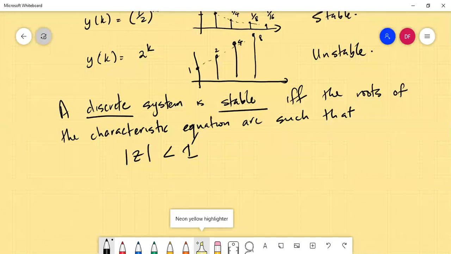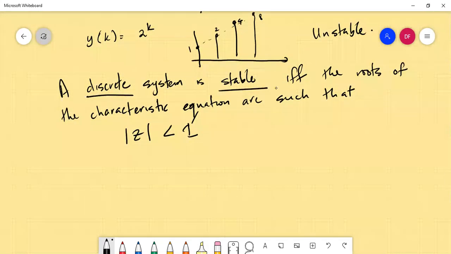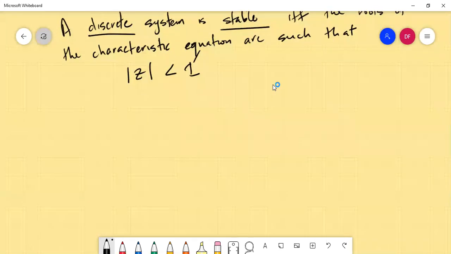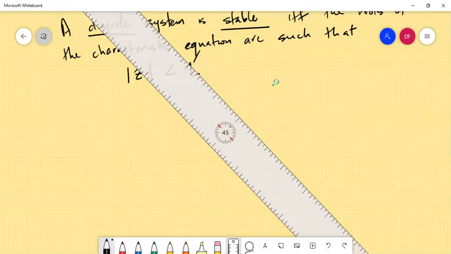So please note that the conditions for stability in a discrete system are different than the conditions for stability in a continuous system. So we will just make a little note of the conditions for stability, right? Yeah. So in a continuous system, you will draw it neat.